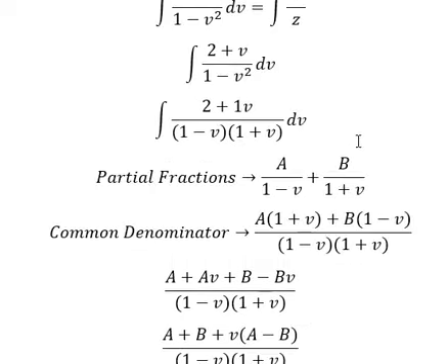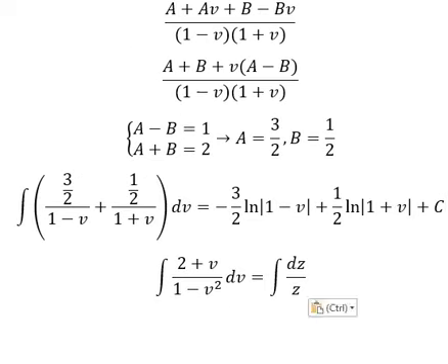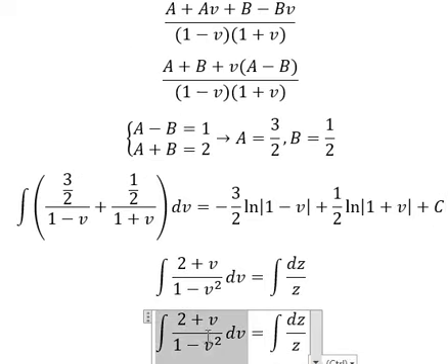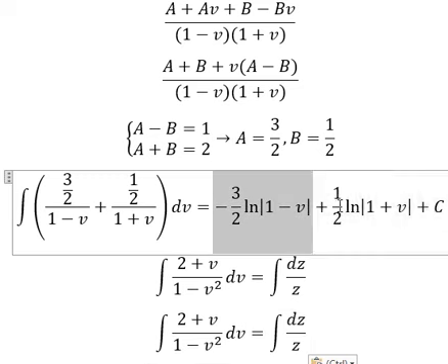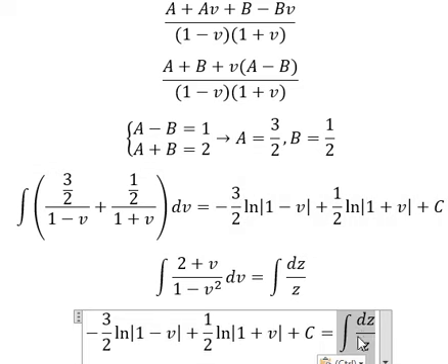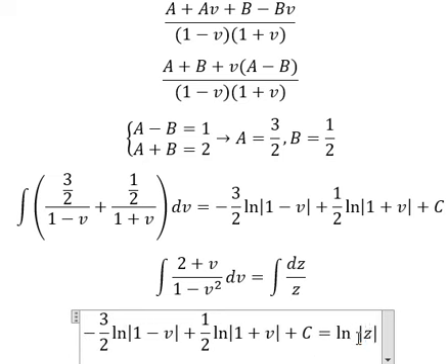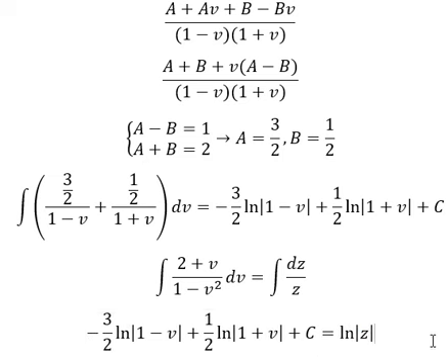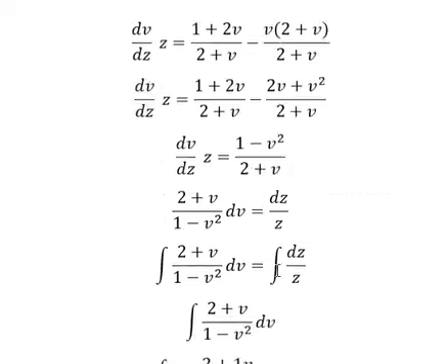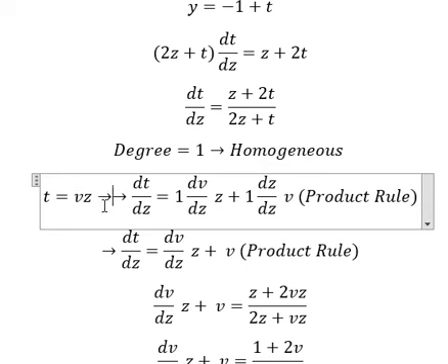So we need to go back in here. The integration of this one is this one. This one is ln of the absolute value of z. About v, that is this one. So we divide both sides by z.